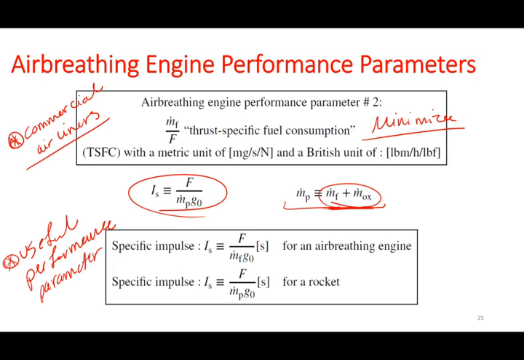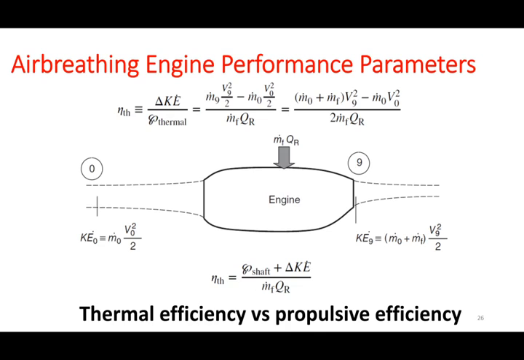If you find the specific impulse of your design, you will be able to compare your design with other jet engine designs universally, which makes it a very common and very useful parameter in designing an aircraft.